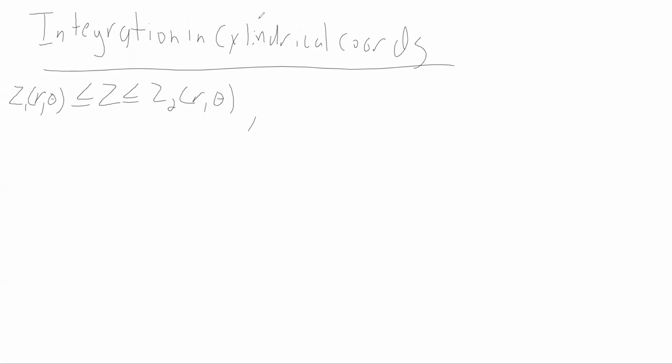So this is our region D. R goes from A to B, and theta goes from alpha to beta.